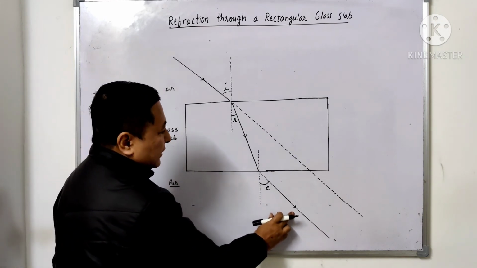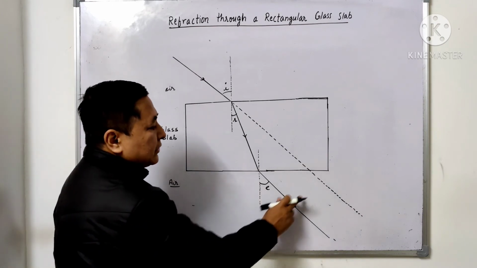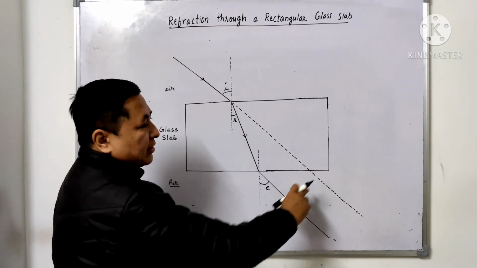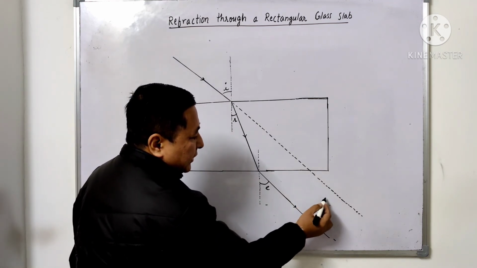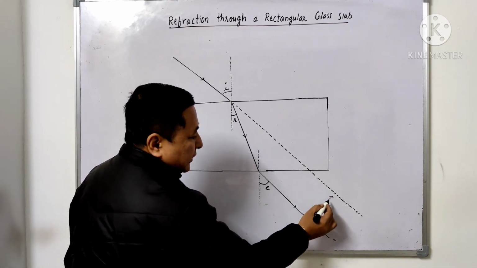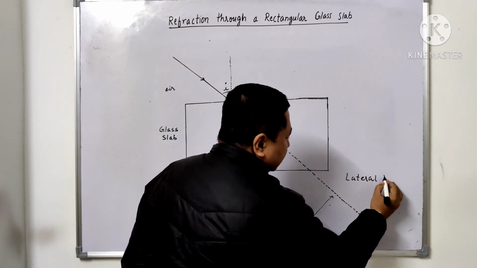So the ray which is emerging out of the rectangular glass slab will be parallel to the incident ray, and this displacement is known as lateral displacement.